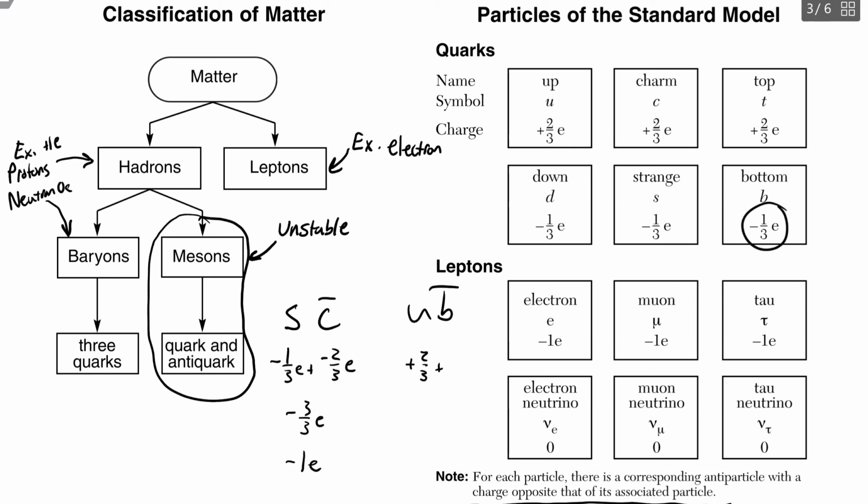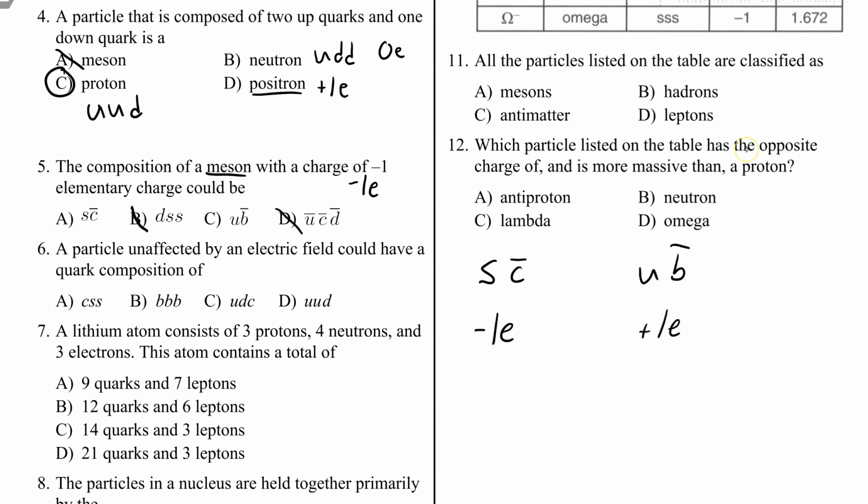Here's the bottom. An anti-bottom is positive 1/3 e. It's the opposite charge. So 2/3 plus 1/3 is positive 3/3, which is equal to positive 1 e. So what did they want, negative or positive? It looks like they're looking for negative 1 e, so that would be a strange and an anti-charm.